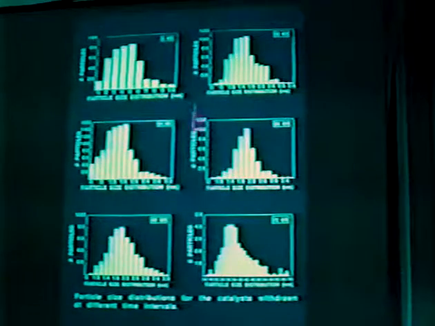So there is a slight particle growth. After 2 hours, it grows to about 140 angstroms. Then from 10 hours up to about 48 hours, there is a small growth. And then after 48 to 72 hours, there is a little bit of growth up to 300 angstroms or so.